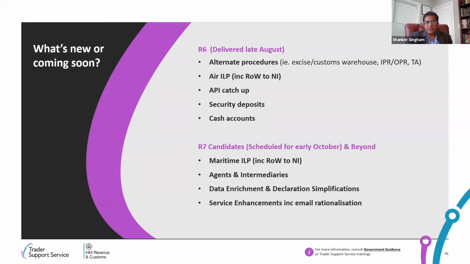In terms of what's new and what's coming, we delivered release 6 at the end of August. So that's all the alternate customs procedures we talked about. We also have delivered the air inventory linked process. So this is particularly rest of world into Northern Ireland arriving at Belfast International Airport, for example. That is mostly done by agents and intermediaries of those traders. So we've had a series of sessions with the top 30 of those, which I think account for about 90% of the trade.